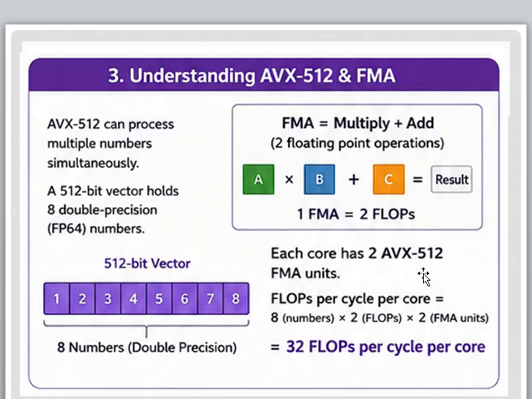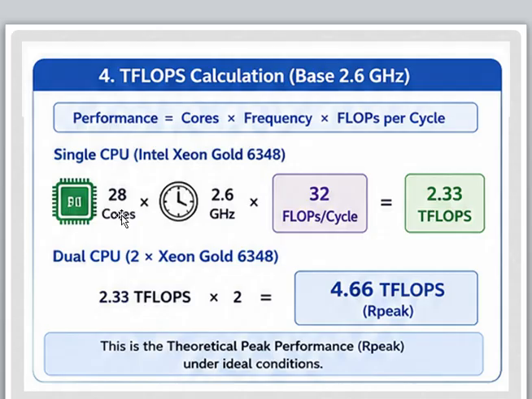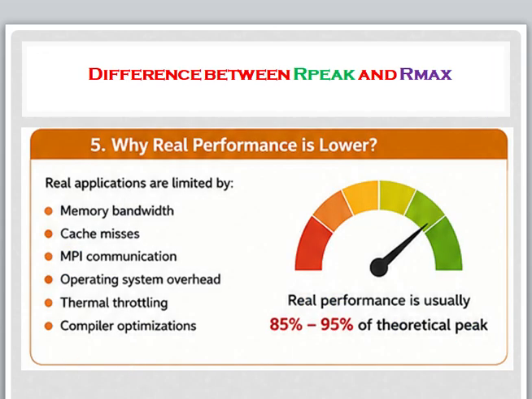We have 32 flops per cycle, right? If we calculate using this formula, we will get 2.33 teraflop for a single processor. A system with 2 Xeon Gold 6348 will provide you 4.66 teraflop theoretical peak performance. We will also discuss the difference between R peak and R max further.